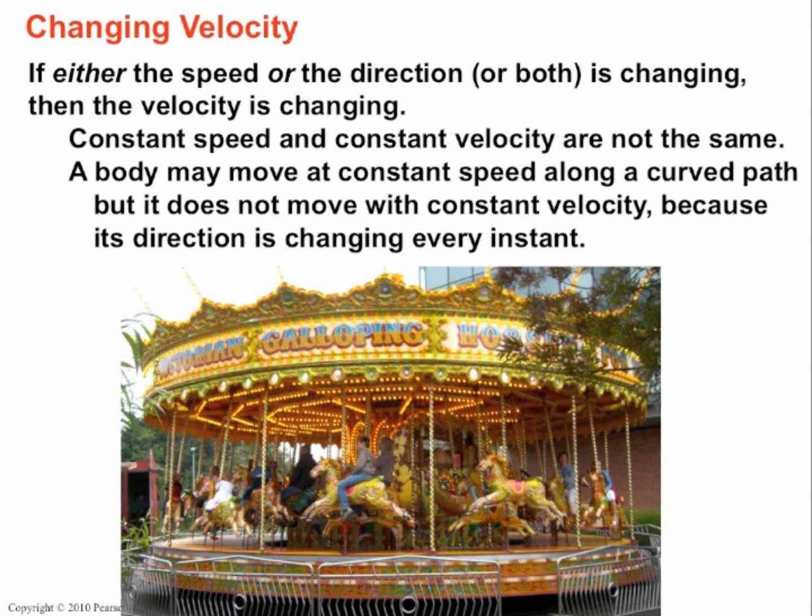But we would say that it's not constant velocity, simply because the direction in that circular path is constantly changing. It's not straight line motion. And so even though the magnitude of the velocity stays the same for these carousel riders, the direction of that velocity is constantly changing.